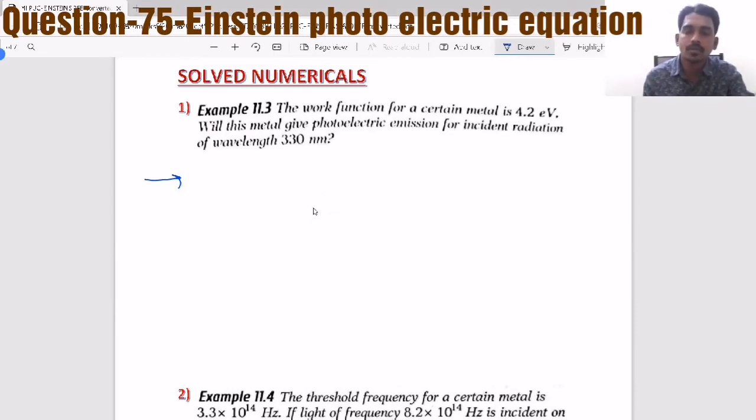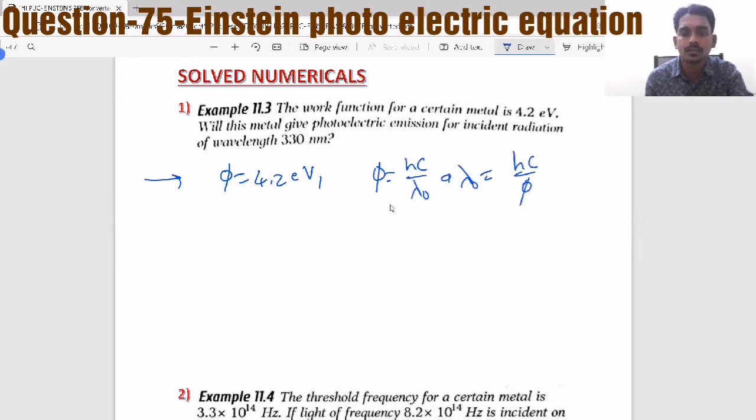One of the important topics. The work function for a certain material is phi equal to 4.2 electron volt. Will this metal give photoelectric emission for incident radiation of the given wavelength? So phi equals hc by lambda naught, so lambda naught equals hc by phi.